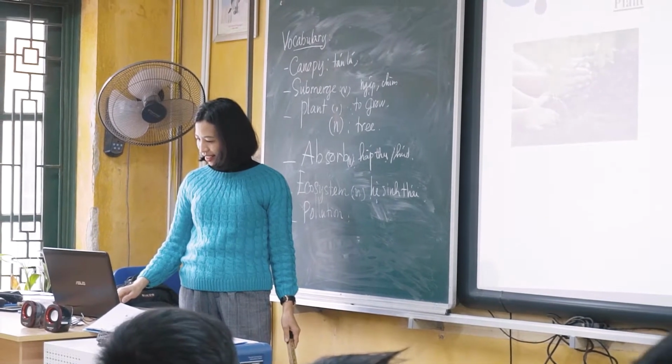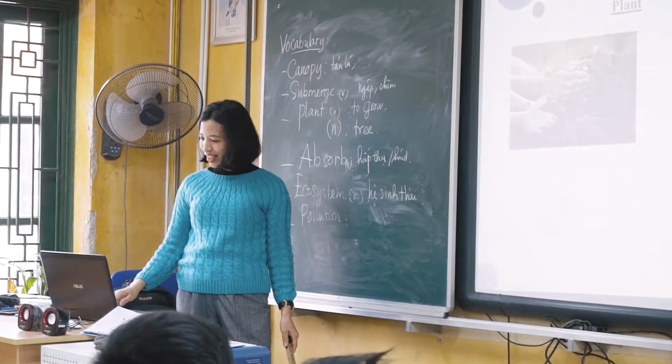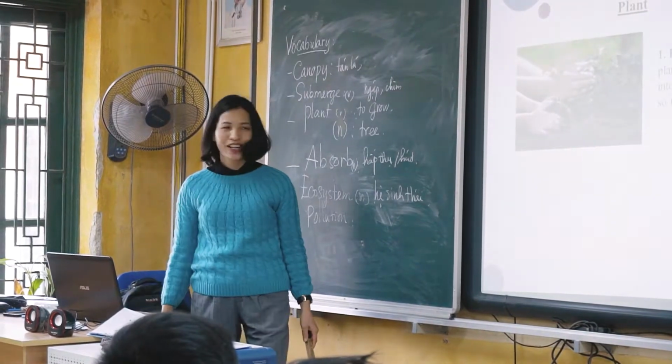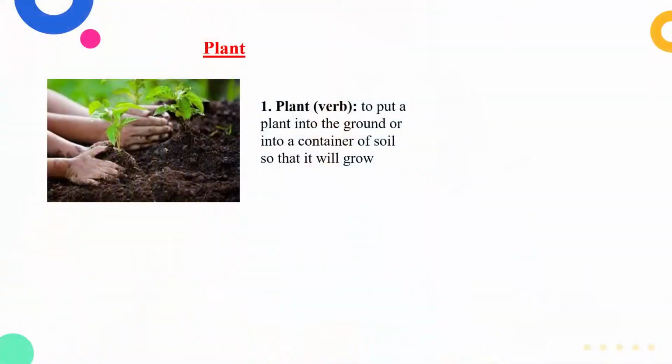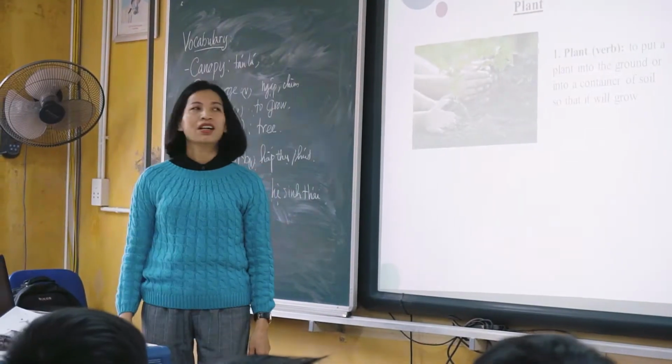Vocabulary in the dictionary. The definition is: plant, to put a plant into the ground or into a container of soil so that it will grow.